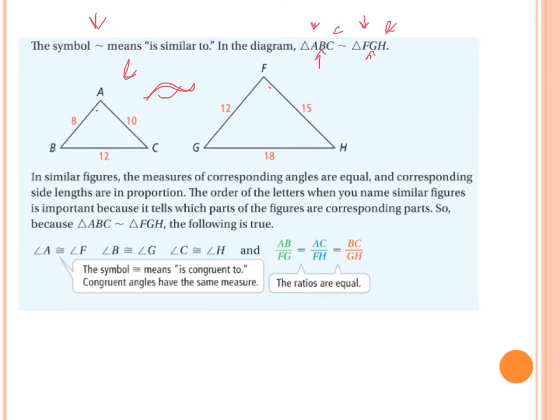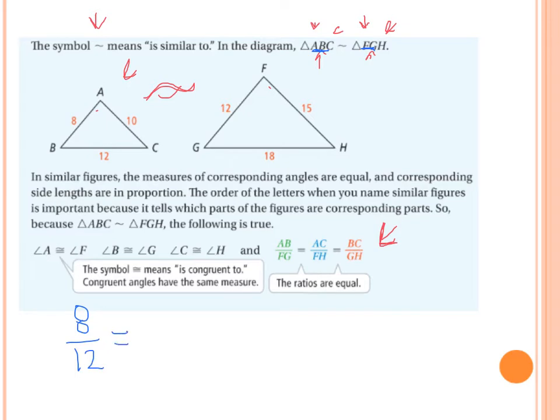When you have similar figures, the ratios, so the fractions that can be created, are going to be equal to each other. So whenever you have a similarity statement like this, AB, because they're the first two letters, and FG would go with each other. So AB is 8 and FG is 12.